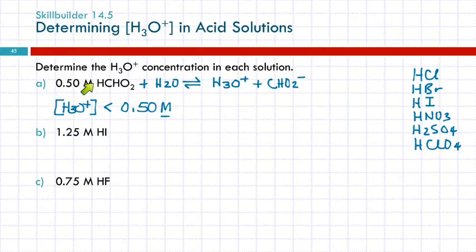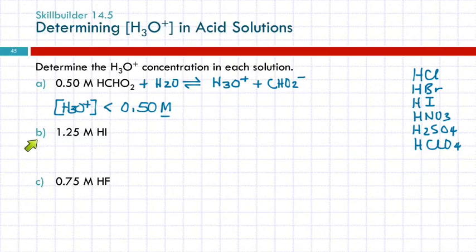If this was a strong acid, it would separate completely, and the hydronium ion concentration would equal the concentration of acid. But it's a weak acid, so it's less. That's all we can say. In Chem 1B, you'll learn a lot more about how to do that, and you could calculate that.